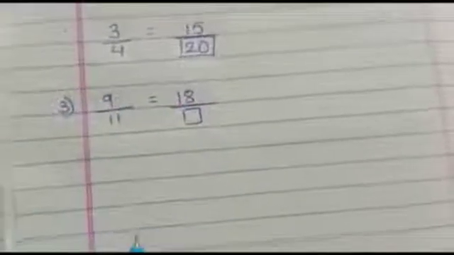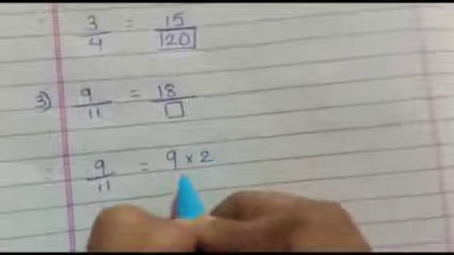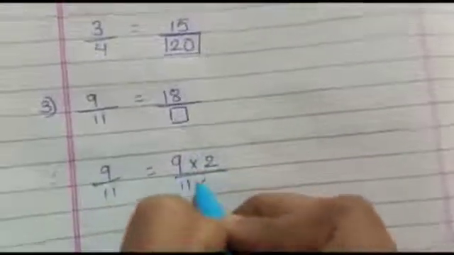It is 9 upon 11 is equal to 18 upon box. We have to find out the denominator. Now 18 is coming in 9's table. How many is it? 9 2's are 18. Very good. So you will write 9 upon 11 is equal to 9 2's are 18. So 11 multiplied by 2.